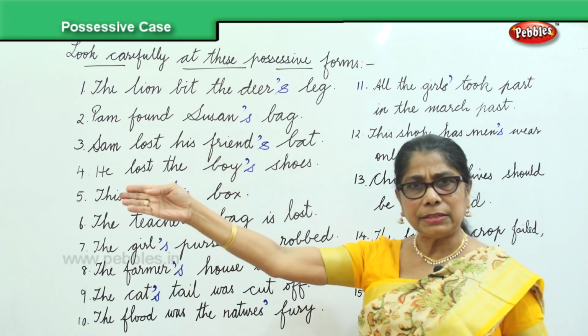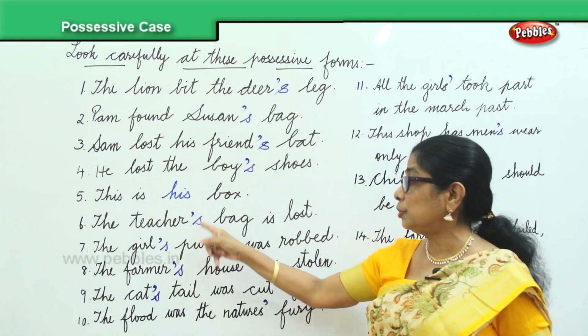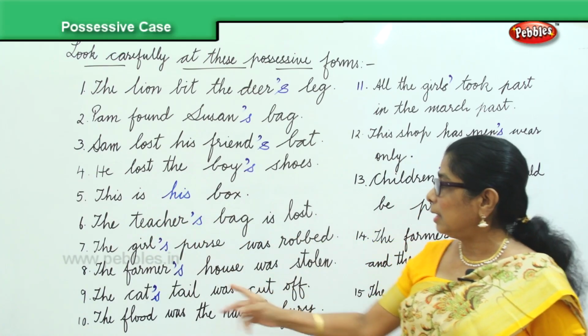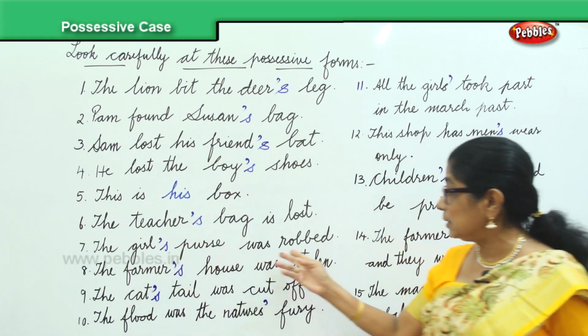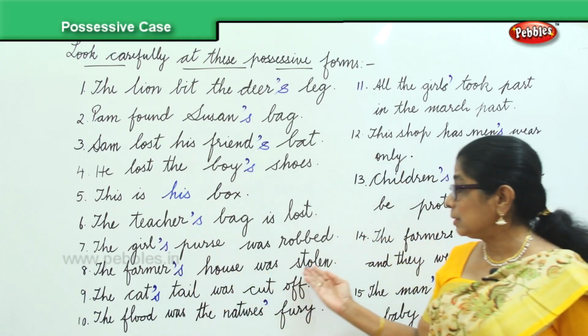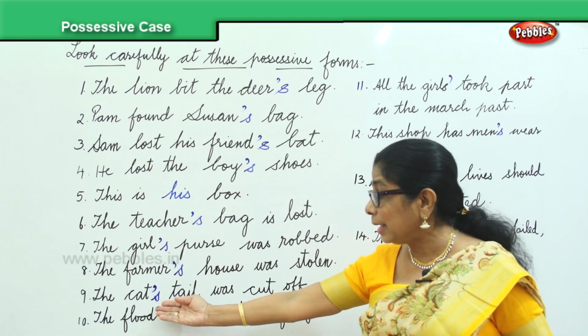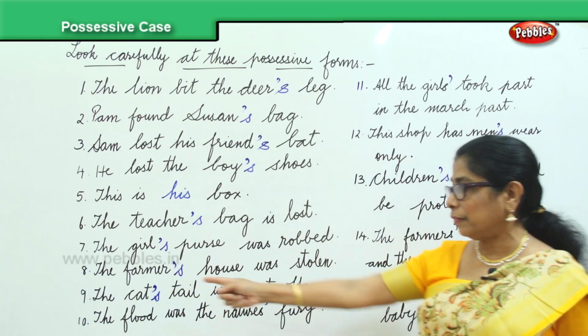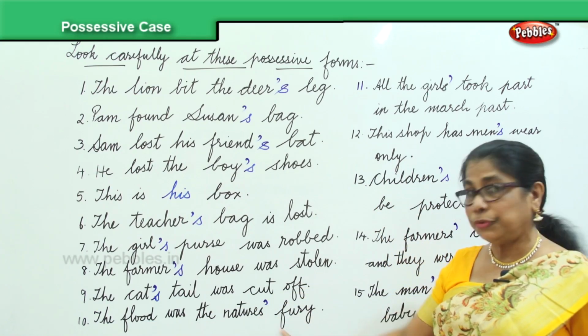This is his box. The teacher's bag is lost. The girl's purse was robbed. The farmer's house was stolen. The cat's tail was cut off. The flood was the nature's fury.